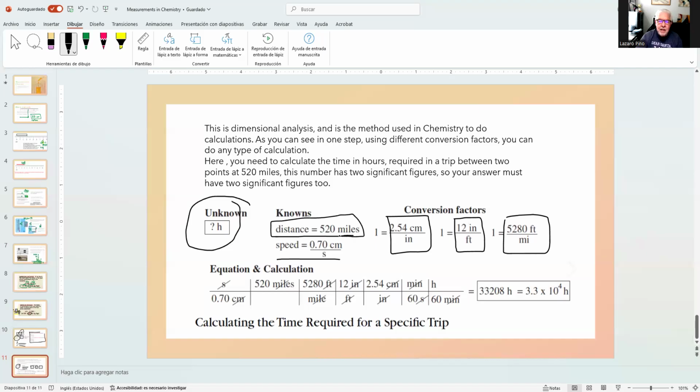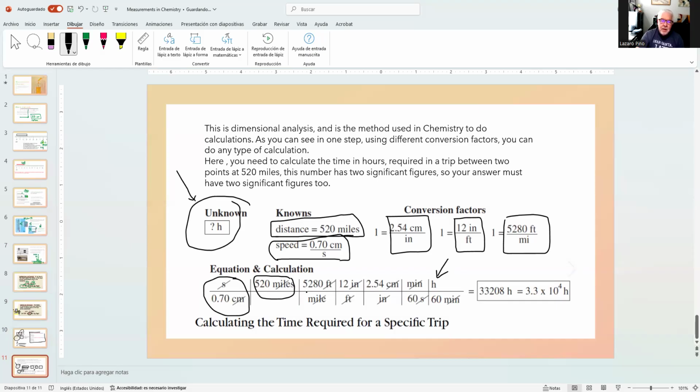If you are going at a speed of 0.70 centimeter per second, then how many hours do you need? Well, you know the distance and you know the speed. Then what do you do? You need to arrive at hours. How can you do that?